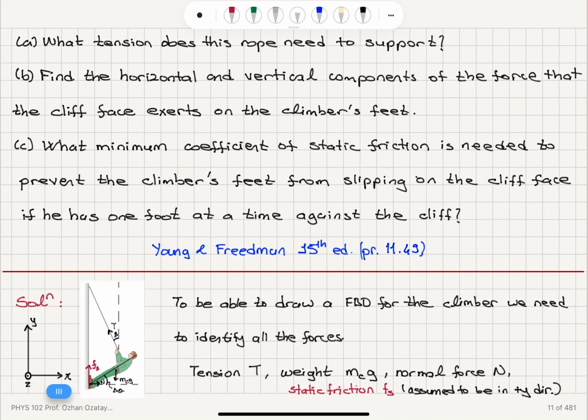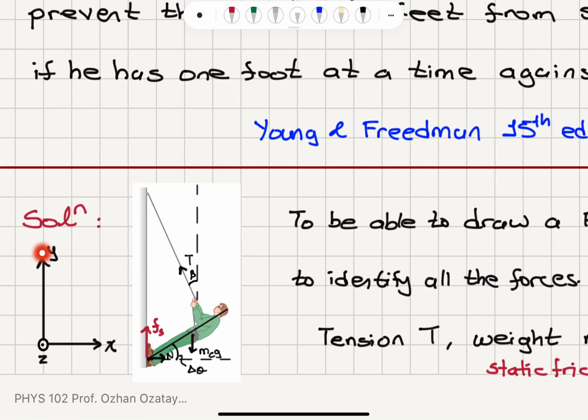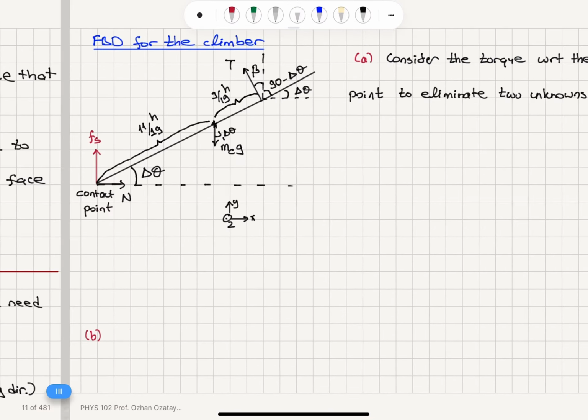To draw the free body diagram for the climber, we have to identify all of these forces. So we have tension, weight, normal force, and static friction, whose direction we generally do not know. We assume it's in the plus y direction. So this is our coordinate system, x, y, and z. All right, so let's draw the free body diagram for the climber.